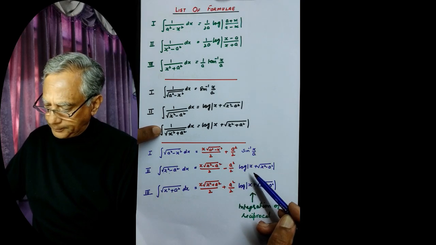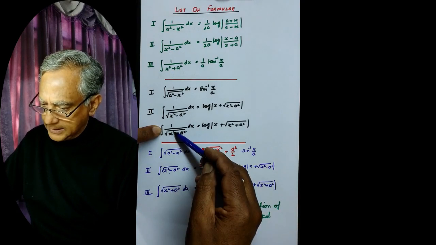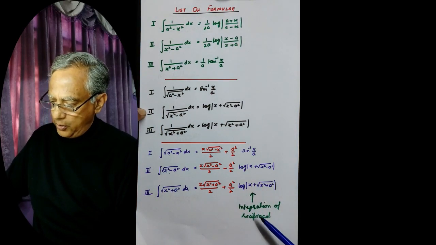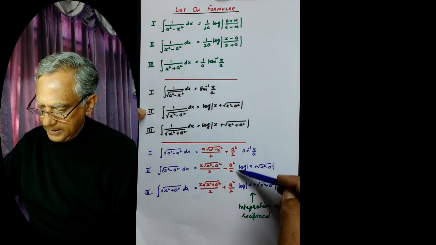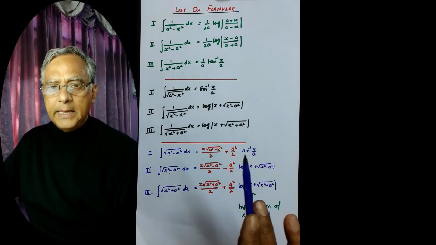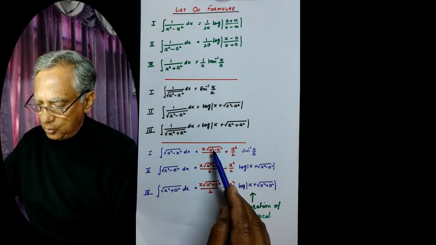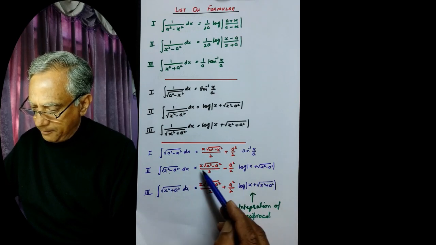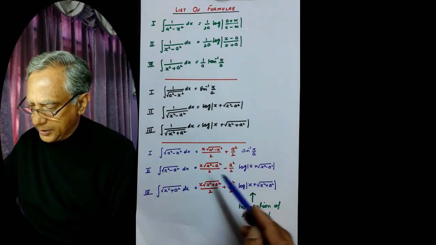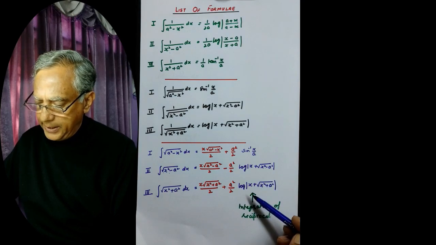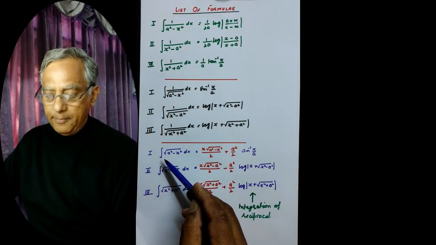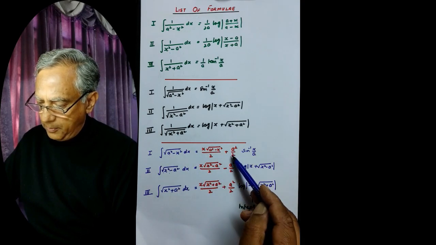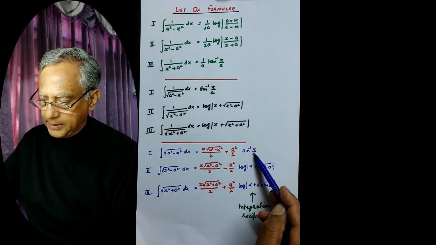And here we will have log of x plus under root x square plus a square. So integration of the reciprocal will be written here. So the pattern is easy to remember. The pattern is x into this by 2 plus a square by 2 into integration of reciprocal.